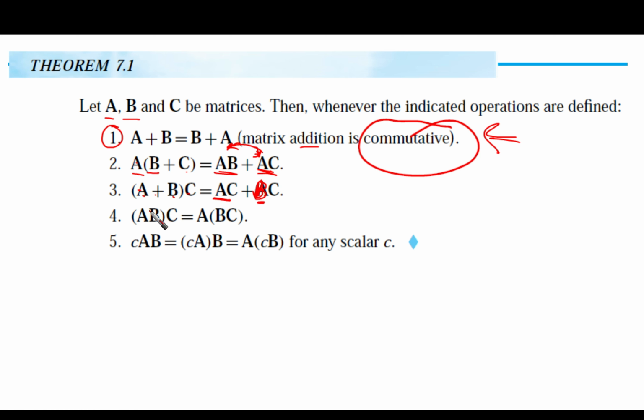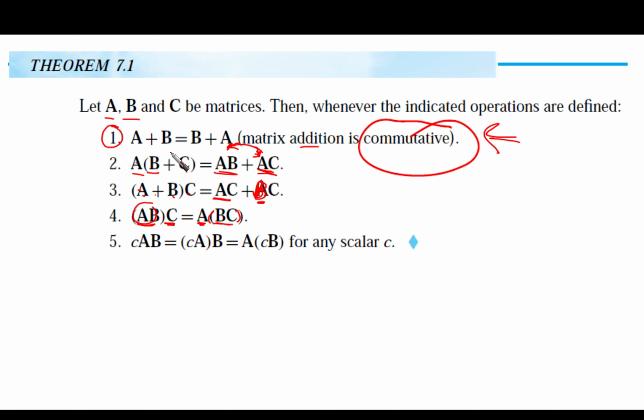And if we have ABC, it would equal, if we have AB, which is the multiplication of A and B, times the matrix C, this would equal the multiplication of A times the multiplication of BC. Okay, so as we said, it's very important here.